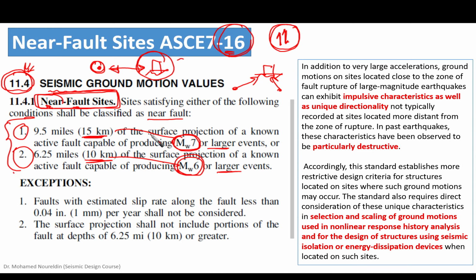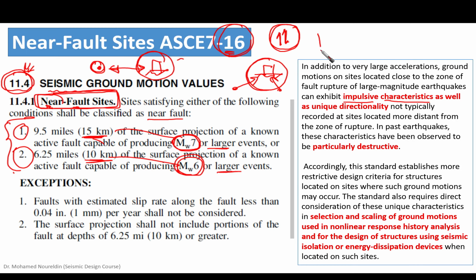But what is the implication of it? Why do we need to consider these near faults? We found that for the near fault sites and the buildings, when they are experiencing earthquakes, these buildings experience what we call impulsive characteristics.